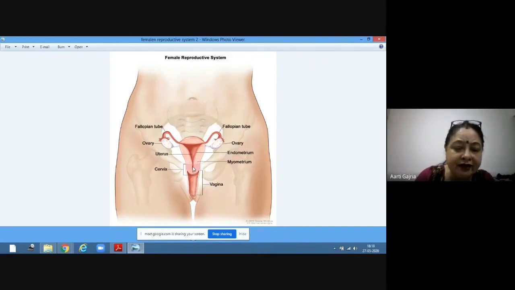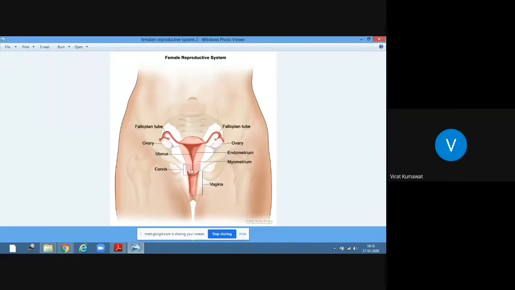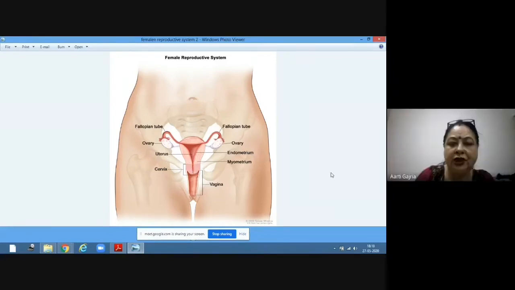And this cervical canal with the vaginal opening is called the birth canal. So this whole portion is called the birth canal. Clear? Okay, let's move to the second diagram.